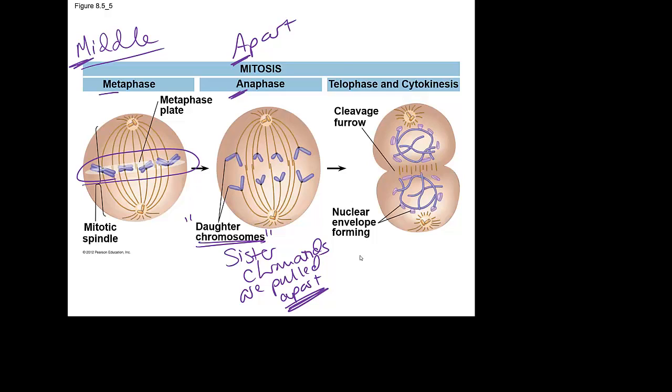In telophase, two nuclei. So the cells are going to come apart right here in the middle through cytokinesis, and you see these little purple spots. Those are pieces of the nuclear envelope that are reforming.